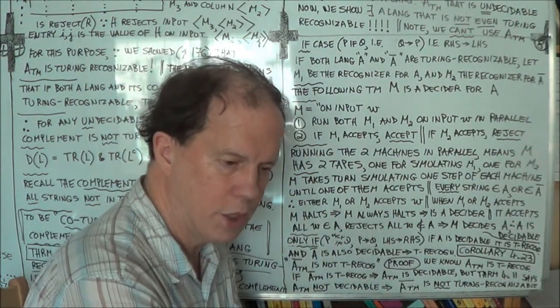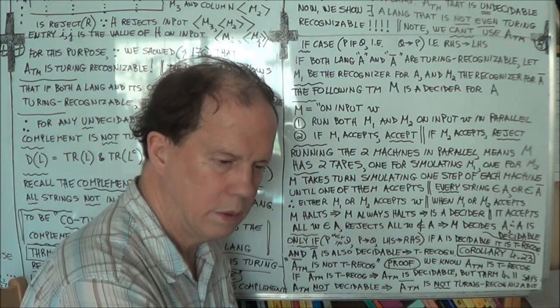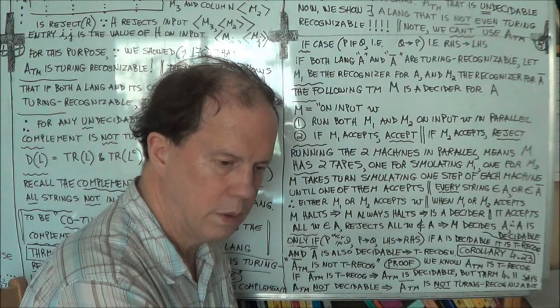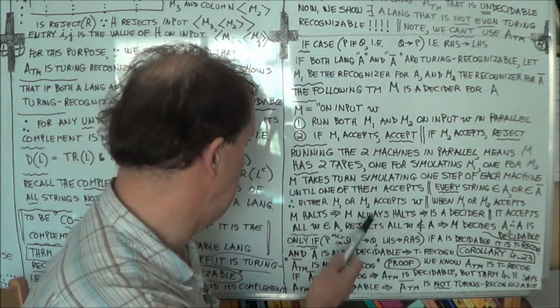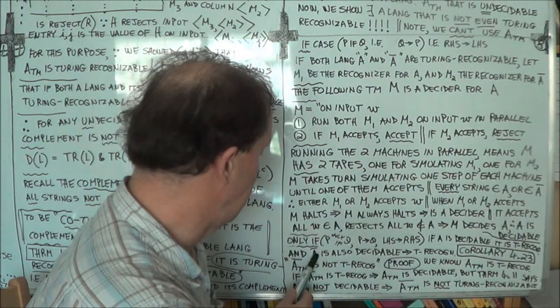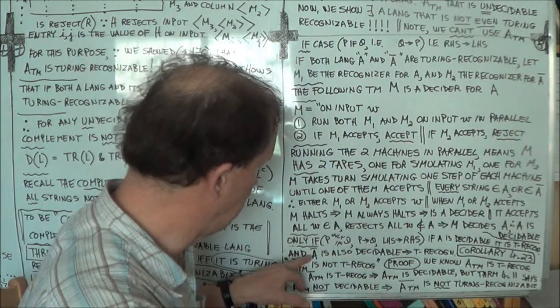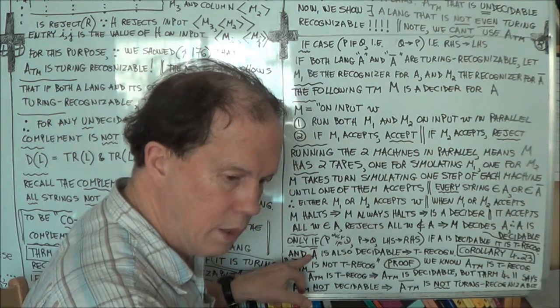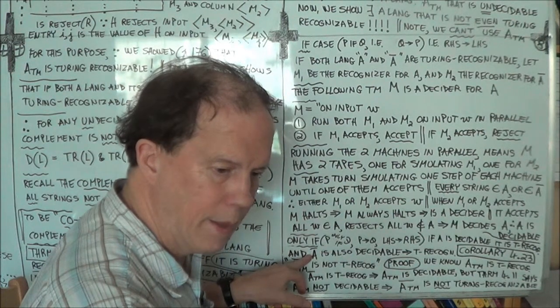So if A is decidable, A bar, the complement, is also decidable. How do you show that?